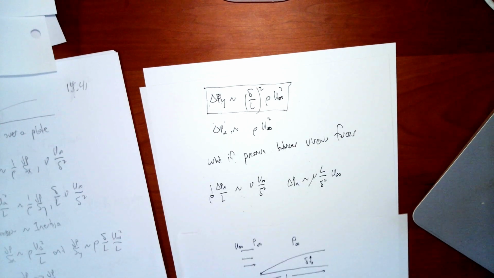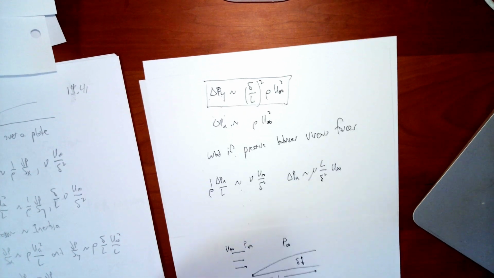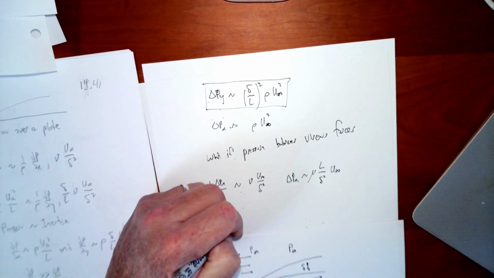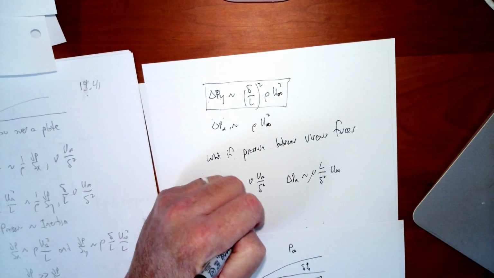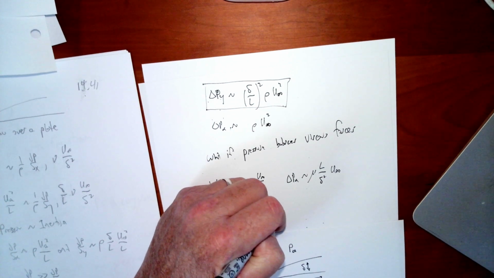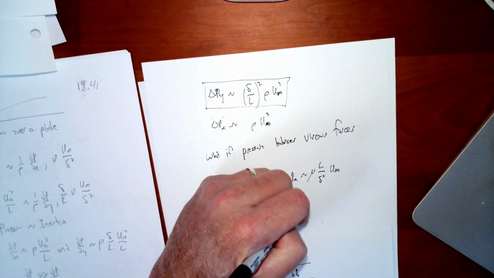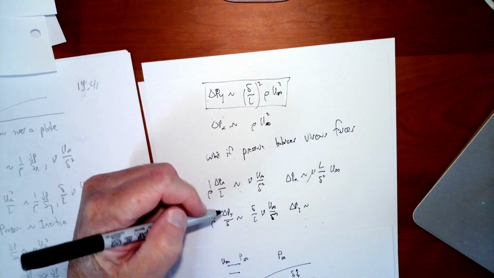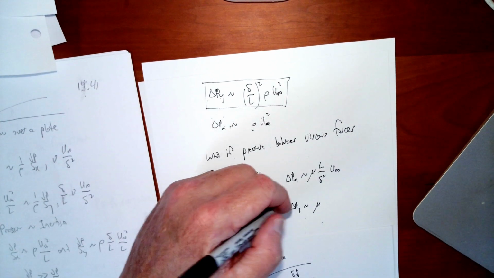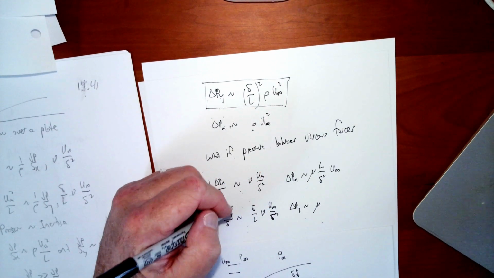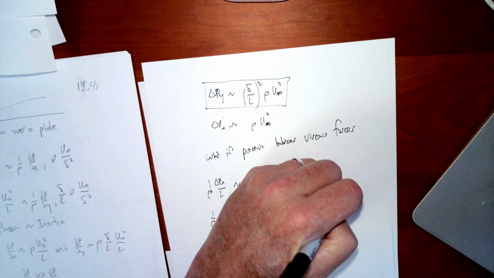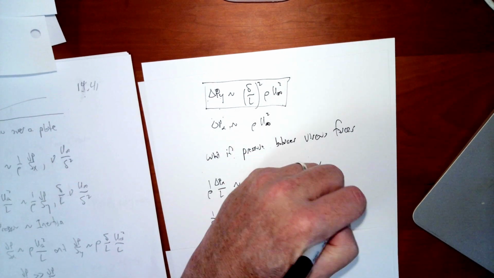So delta py, based on the y momentum equation, we have 1 over rho delta py over delta is of order delta over L nu u infinity over delta squared. So that's going to give you delta py, which is of order, again, we're going to have mu, because rho is going to come over. We're going to have delta squared over L, mu, u infinity over delta squared.